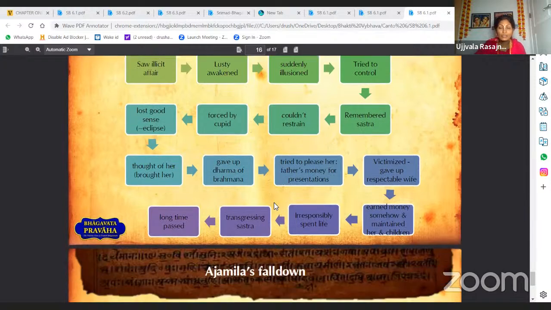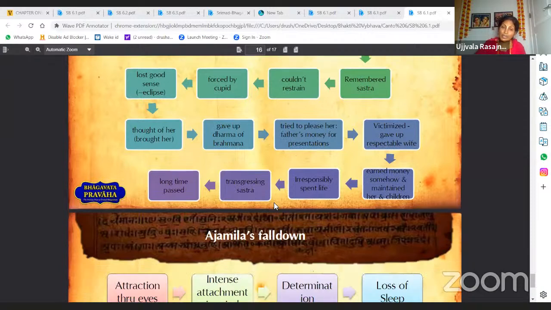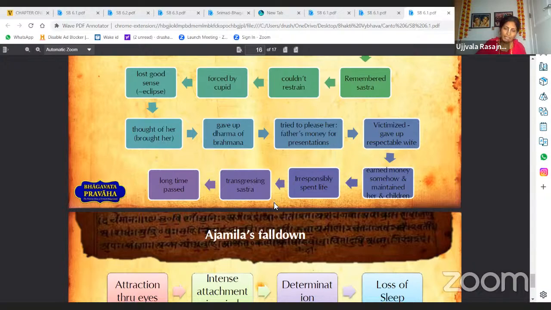So look at that. He was 88 years old, but his youngest son was about 3 years old. Look at that sense gratification, lust. He was that much entangled. And then the time to leave the body has come. Death has approached.